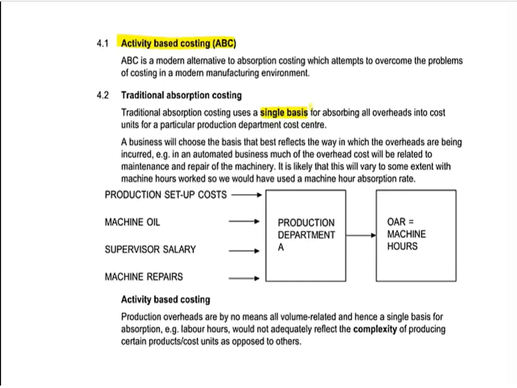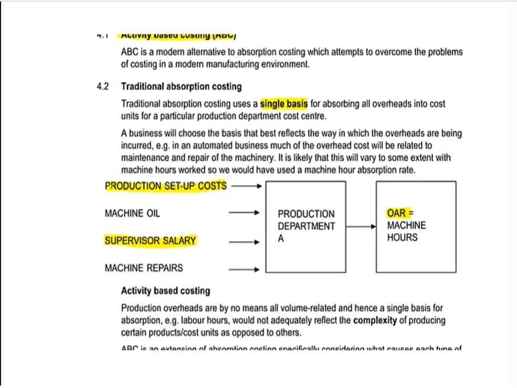So you can see here in the example that most of the costs in production department A relate to machine hours, and so the overhead absorption rate would be done on the basis of machine hours. What that means is that the supervisor's salary and the production setup costs, which weren't really dependent on the number of hours worked, were going to be absorbed on the basis of machine hours.